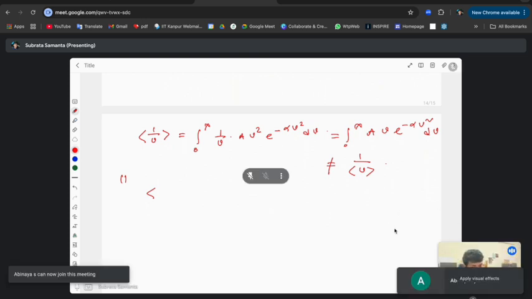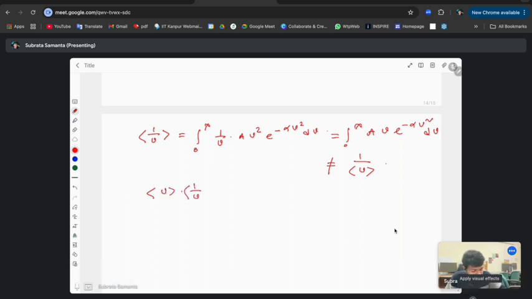If you calculate the v average times 1 over v average, it gives 4 over pi.